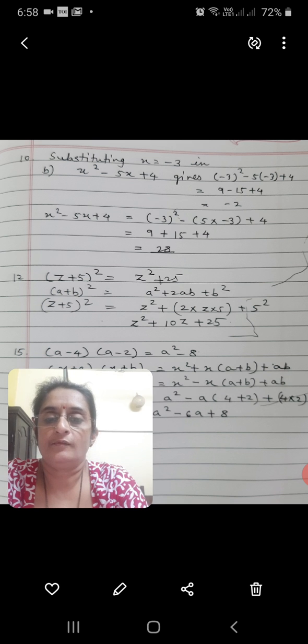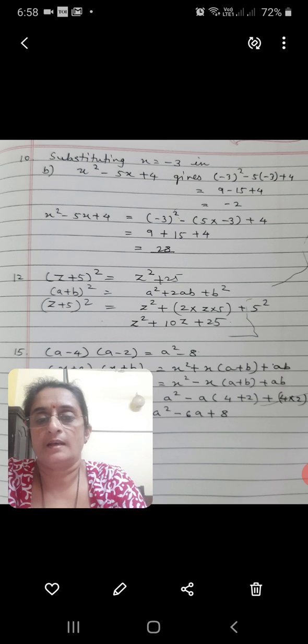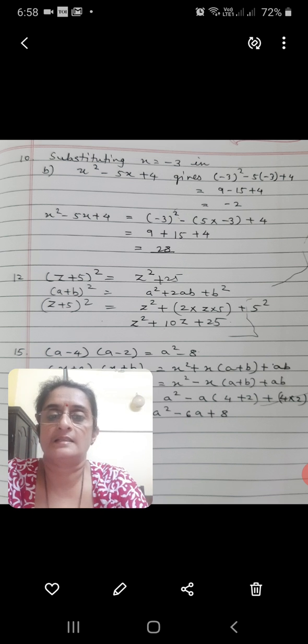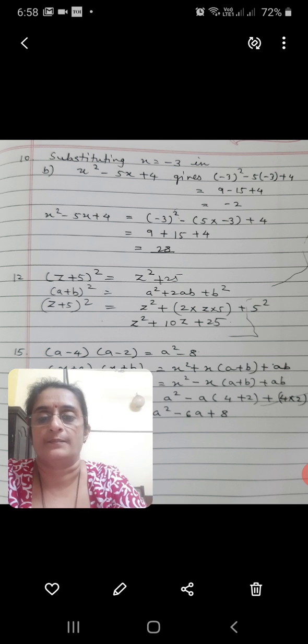Now here we consider z as a and 5 as b. So a square is z square, the last term b square is 5 square, and the middle term is 2ab. So 2 into z into 5 gives us z square plus 10z plus 25. So whatever answer is given is wrong. This is our correct answer.